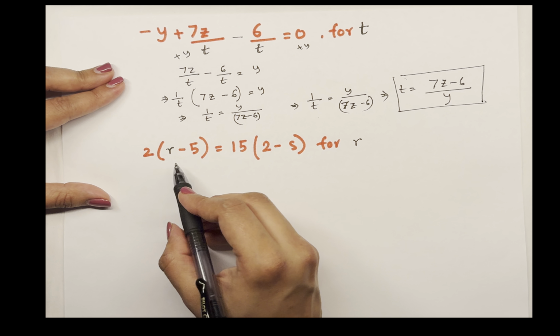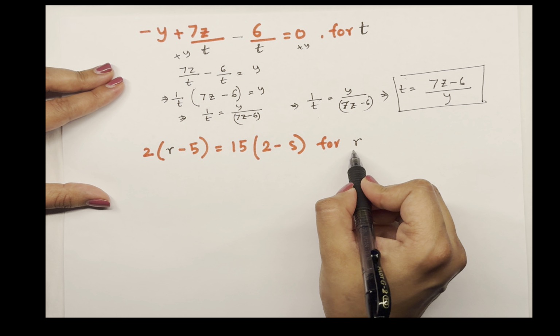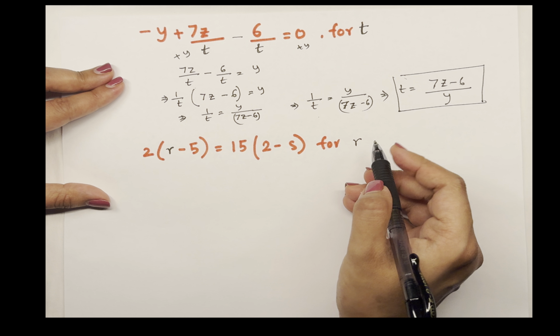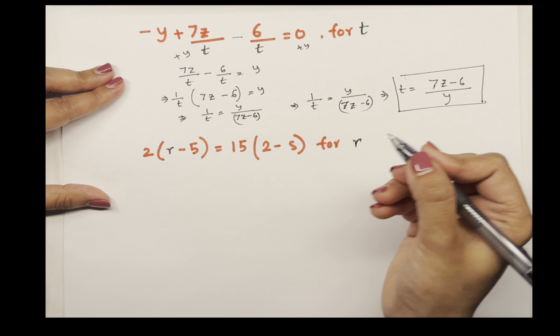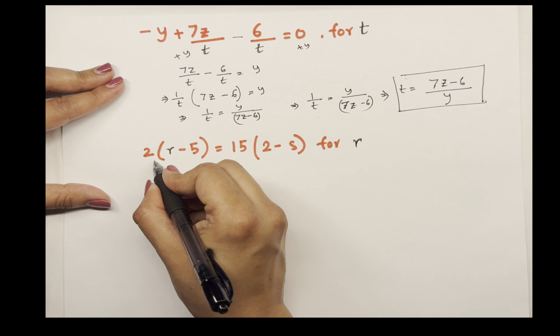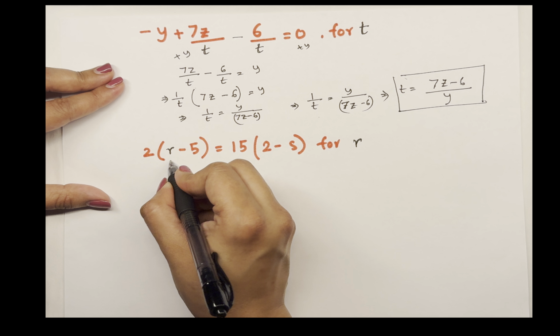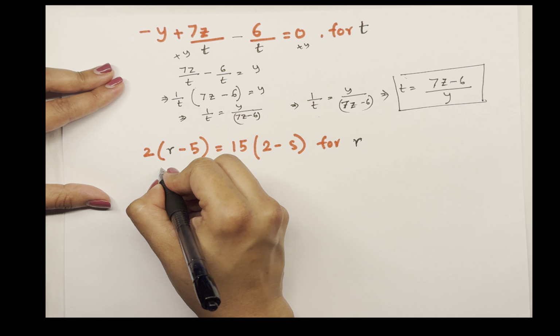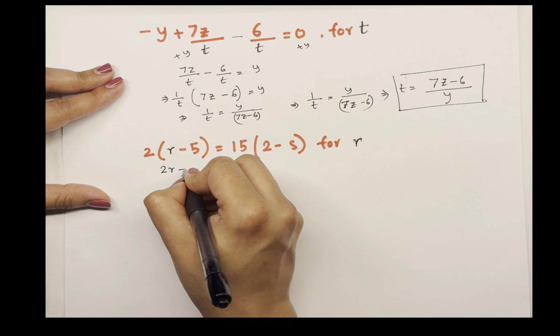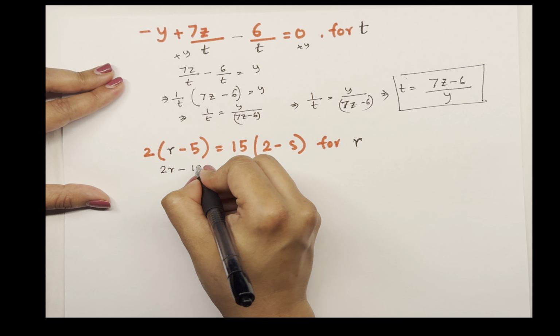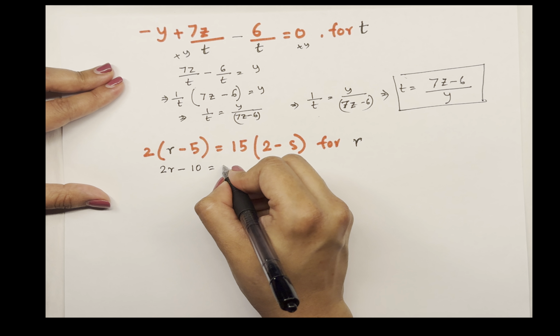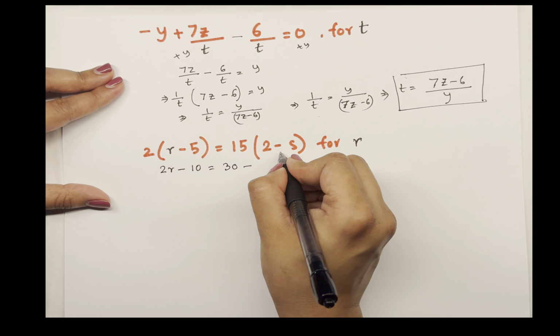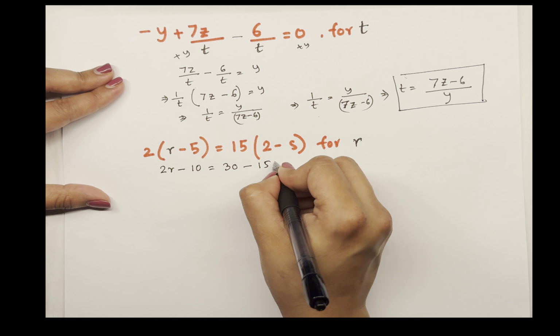Next, this is the expression where we are trying to find R. Let's distribute this using the distributive property. Let's expand this expression. 2R minus 2 times 5 is 10, equal to 5 times 6 is 30, minus 5 times 3S is 15S.